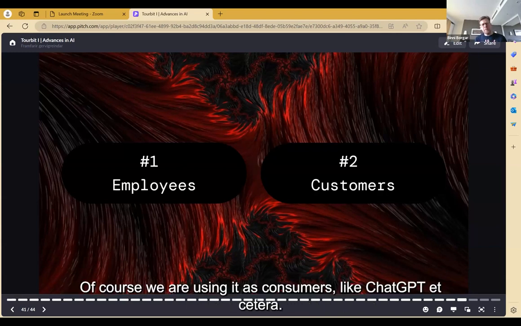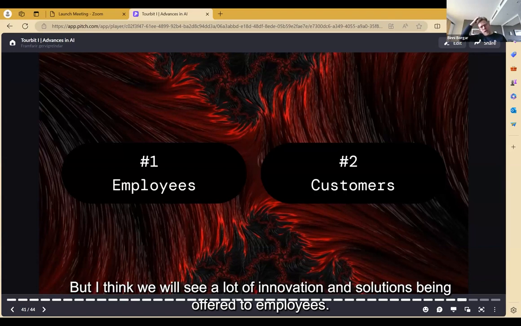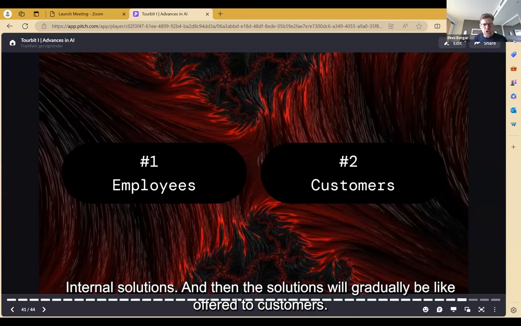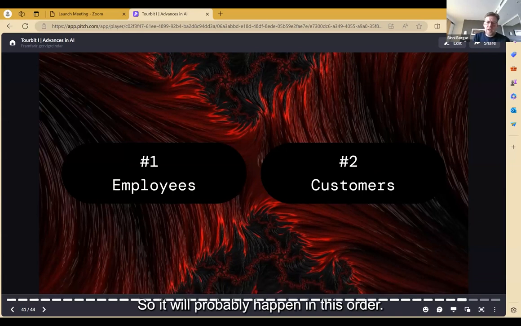Of course we are using it as consumers, like ChatGPT, etc. But I think we will see a lot of innovation and solutions being offered to employees, so internal solutions, and then these solutions will gradually be offered to customers. So it will probably happen in this order.